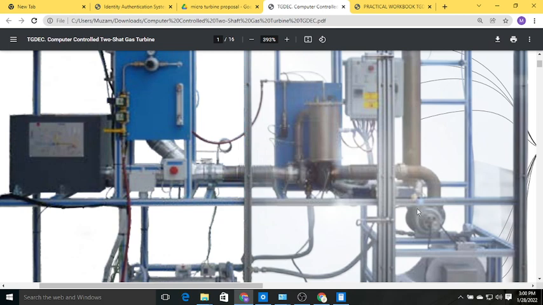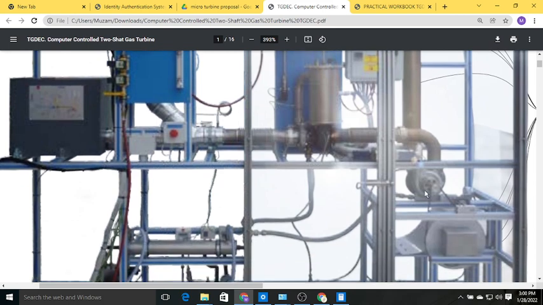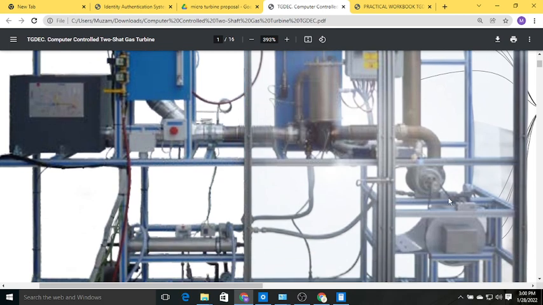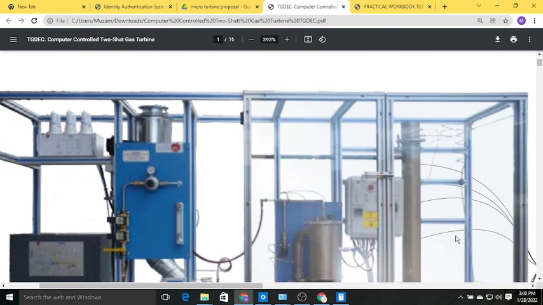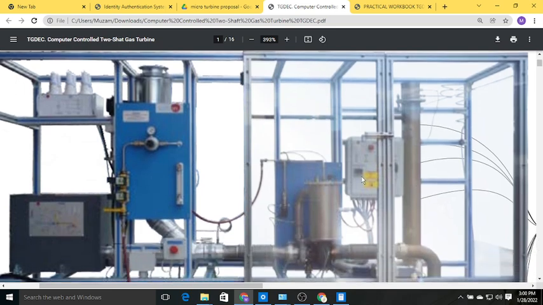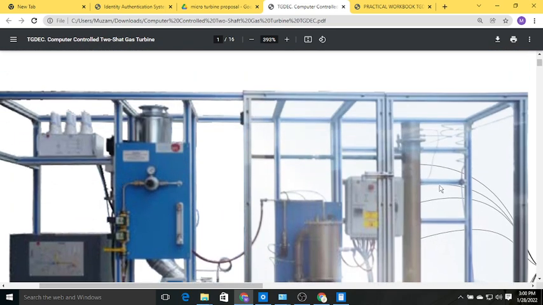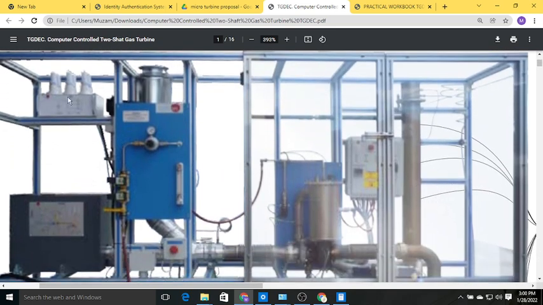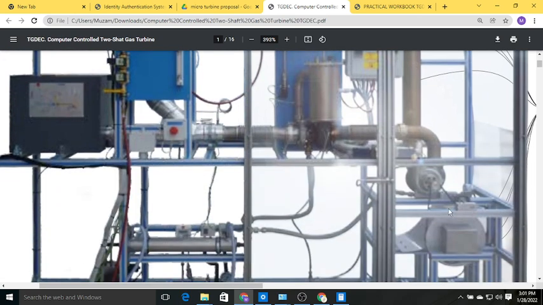Part of the energy converts into shaft power, and that shaft is connected with a belt and pulley to an electrical generator. This is a DC electrical generator, and we have bulbs around comprising 500 watts. If we increase the speed, the power increases. If we have a lower speed, the bulb glowing is very low, and we have less power output.